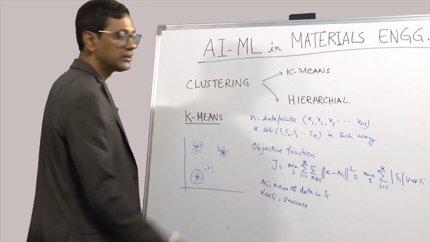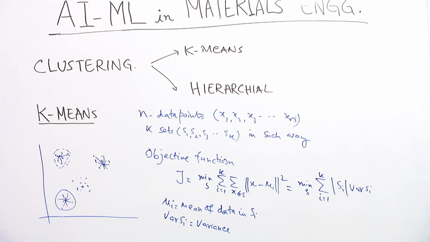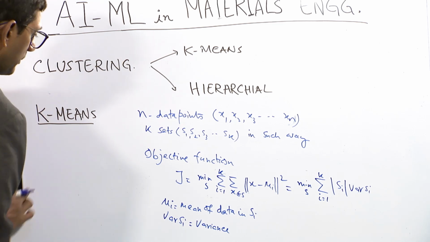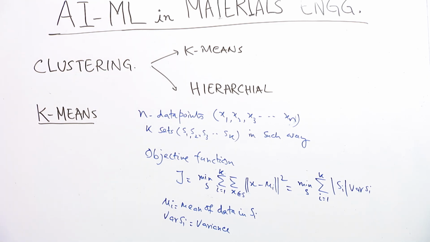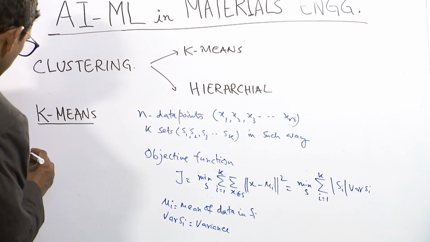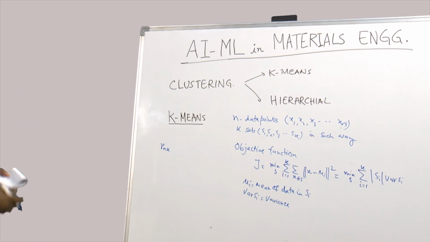How to tackle this objective function? Let us talk about it. It will not take much time to discuss because we have discussed it in the last lecture. So, I just remove this part and discuss about it. Well, in order to solve this problem, we have to introduce a new variable that is known as r nk.